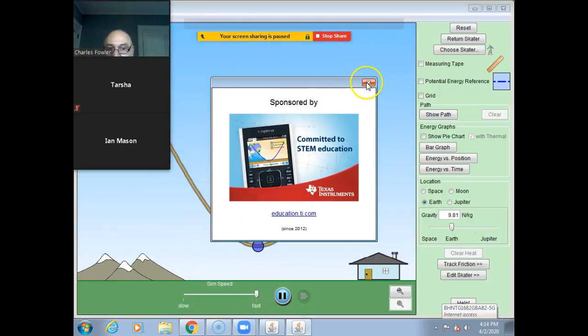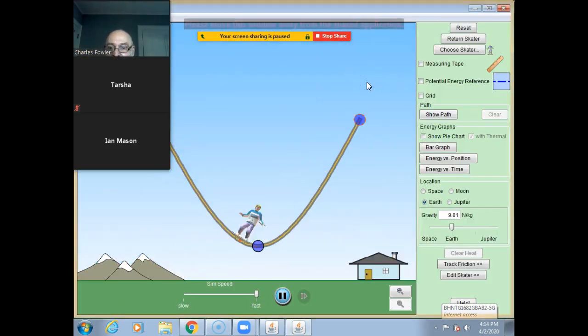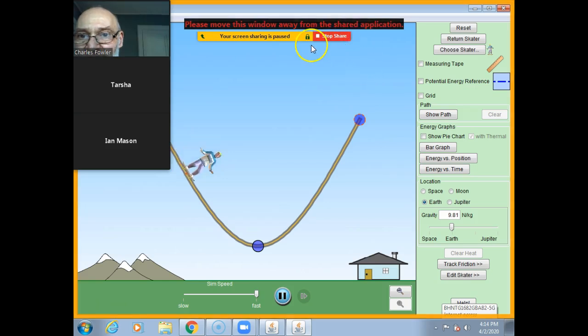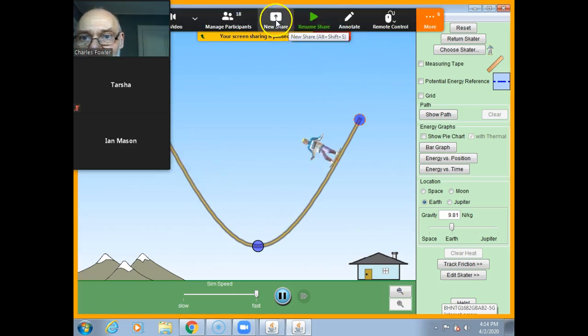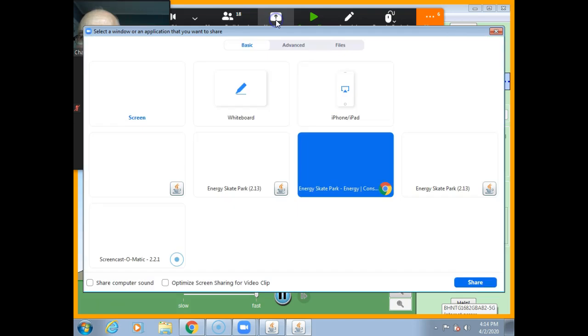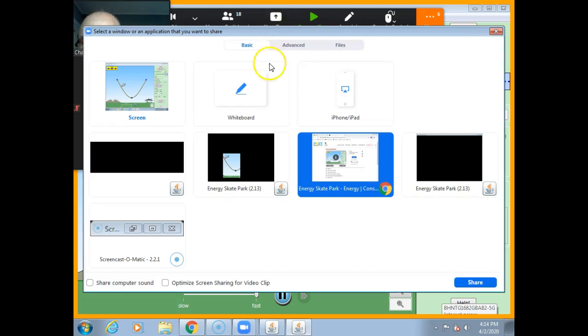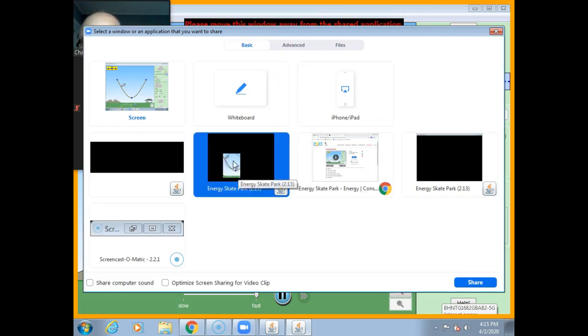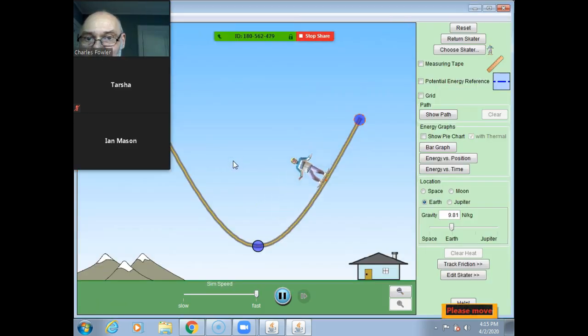Okay, there we are. We're back. Are y'all seeing it now? No, it still says the screen sharing is paused. Let me try a new share again. Can you see it now? Yes. Ah, good. Okay. There's too many moving parts here besides the guy on the skateboard.